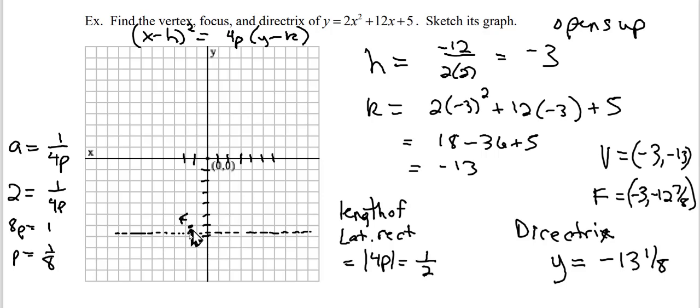This is super narrow. It might help to graph the y-intercept, which is 5, right? If x equals 0, y equals 5. So I'm going by 2 is 2, 4, halfway between 4 and 6 there. Pick a symmetric point over here. Super, super narrow parabola.